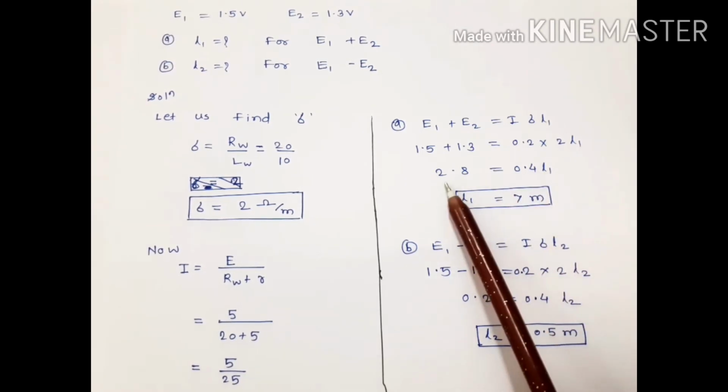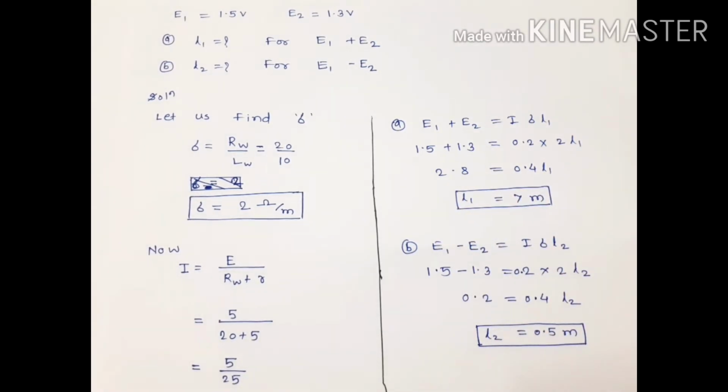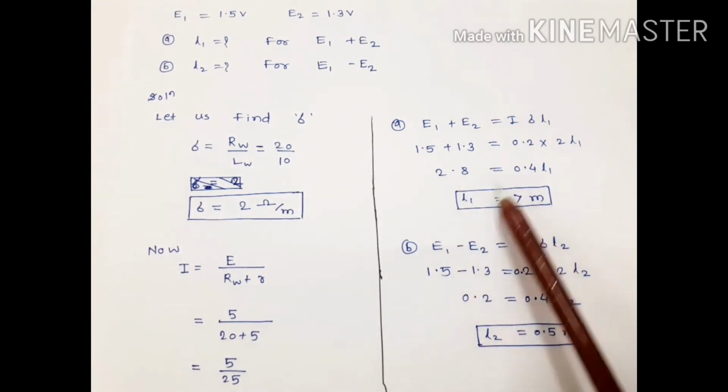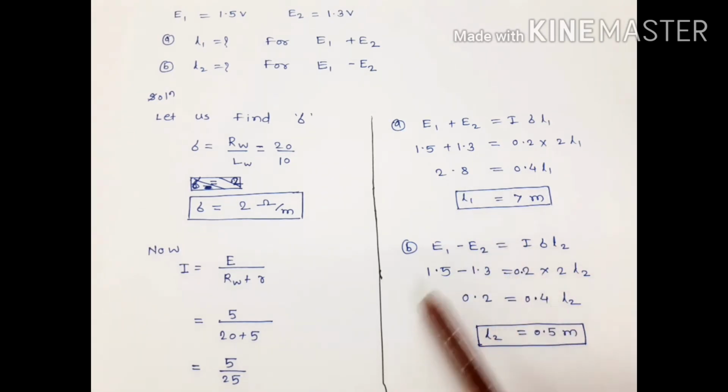That means 2.8 is equal to 0.4 L1. By solving this step, we got L1 is equal to 2.8 divided by 0.4, which means L1 is equal to 7 meter.